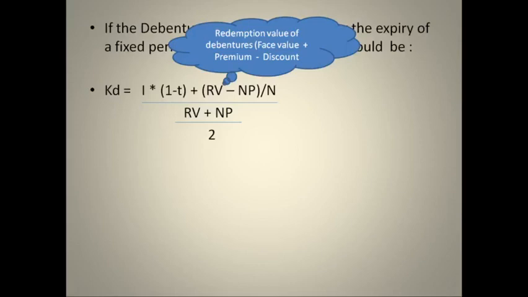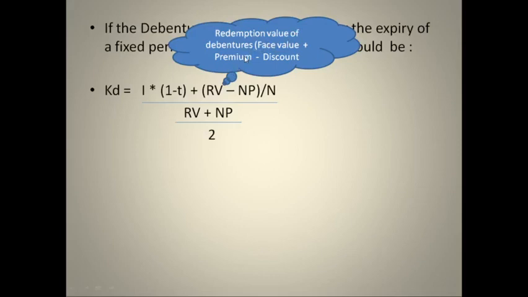The reason is, suppose in the question it is given that the debentures are issued at a rate which is higher than the face value, matlab they are issued at a premium. Whenever you have such cases, we will simply add this premium with the face value.